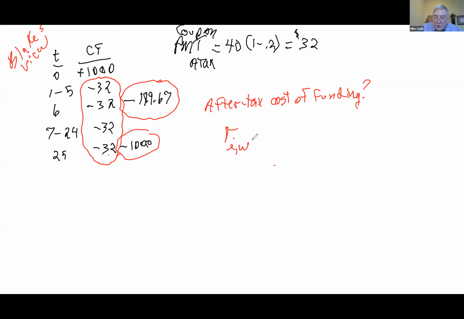And your author uses the symbol R sub I, comma W. R sub I has always been the symbol for the after-tax cost of debt. But this is not straight debt, this is debt with warrants. So we give it a little extra symbol. When you run this through your calculator, you'll find this turns out to be 4.22%.